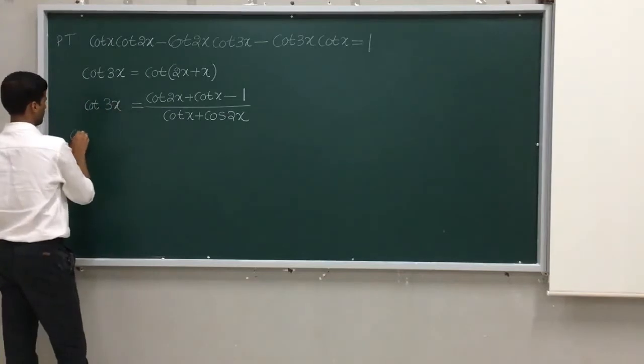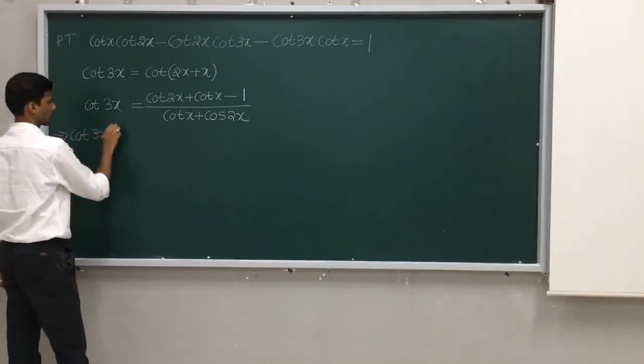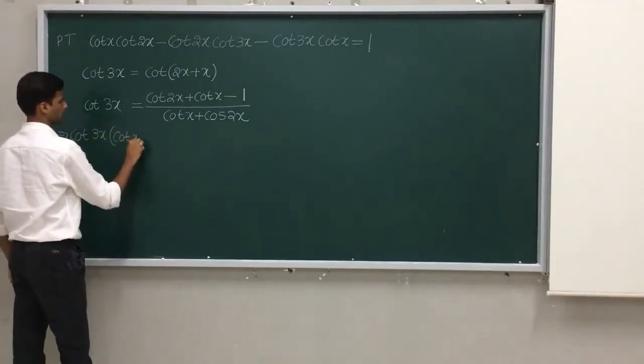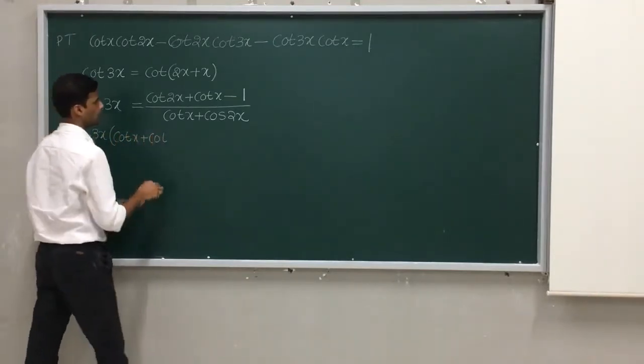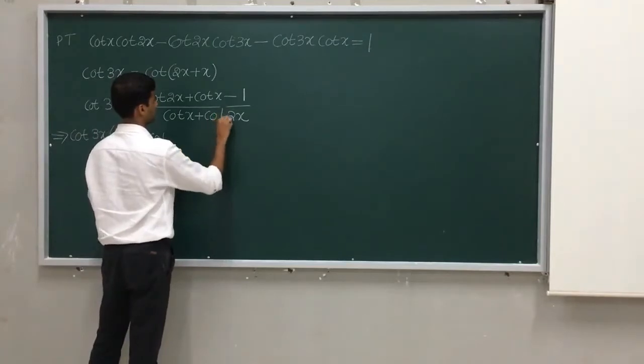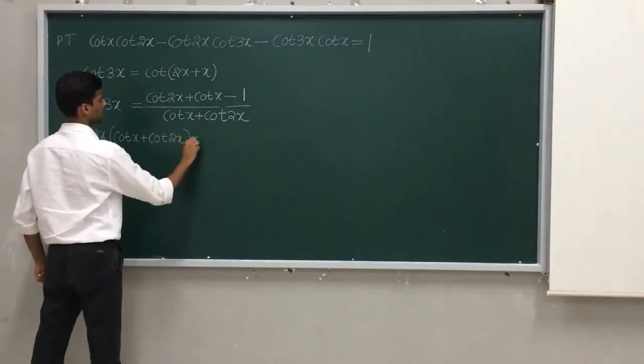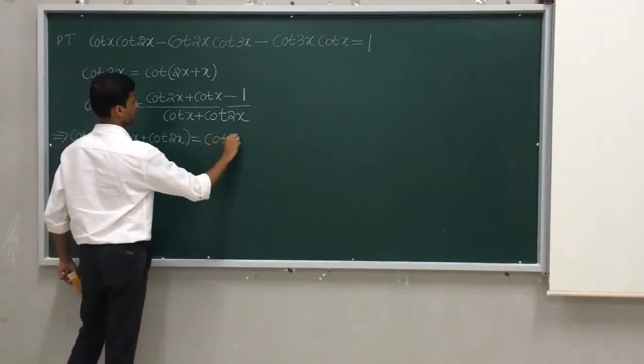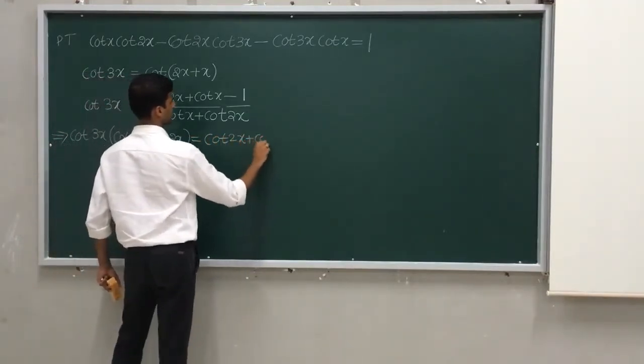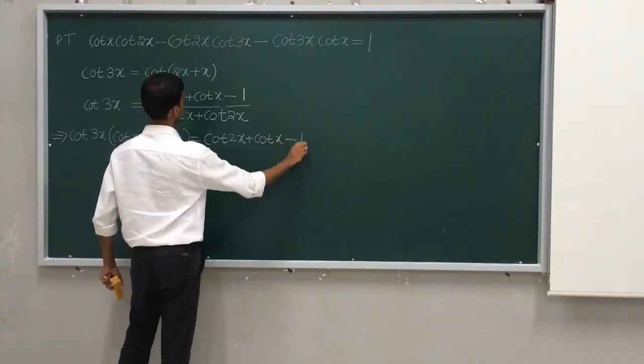Cross multiply now, which implies cot 3x times cot x plus cot 2x is equal to cot 2x plus cot x minus 1.